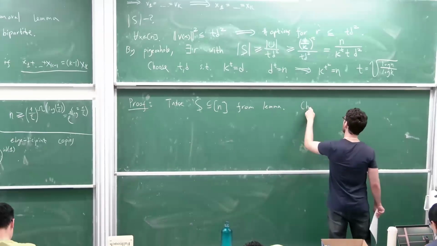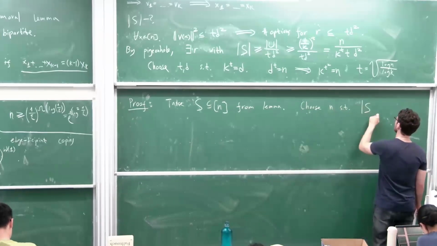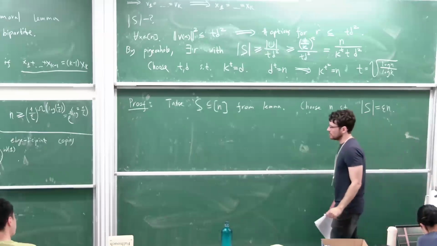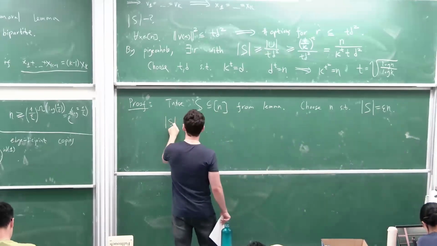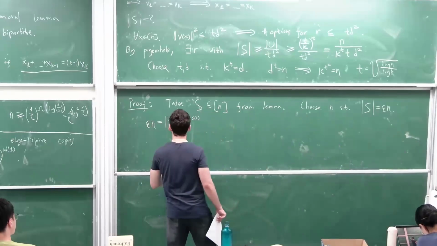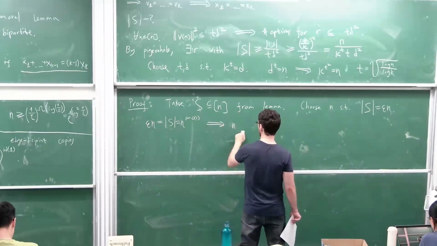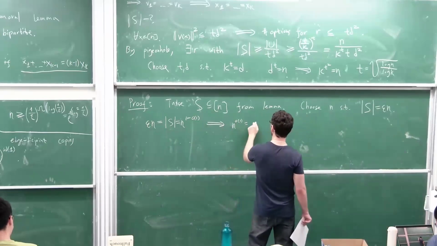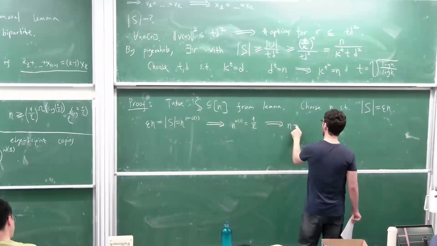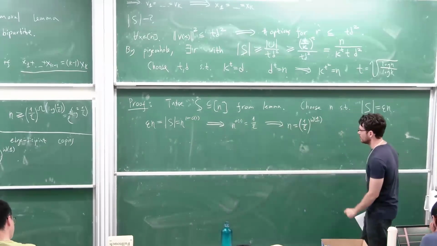And we choose n such that the size of S is epsilon times n. Now we know that the size of S is n to the 1 minus little o of 1. So if this is epsilon n, then this means that n is 1 over epsilon to the omega of 1.